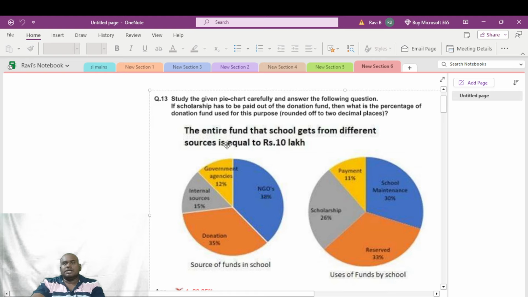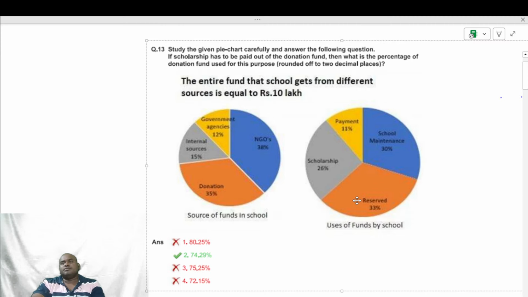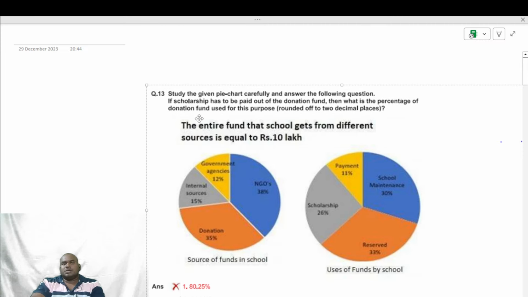Next question. Study the given pie chart carefully and answer the following question. If scholarship has to be paid out of the donation fund, then what is the percentage of donation fund used for this purpose? Round up to two decimal places.